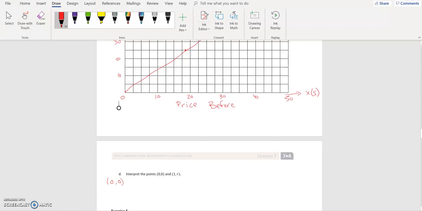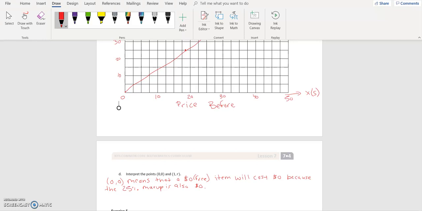0, 0 means that a $0 or free item will cost $0 because the 25% markup is also $0.